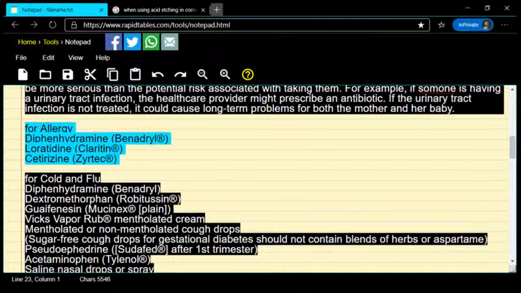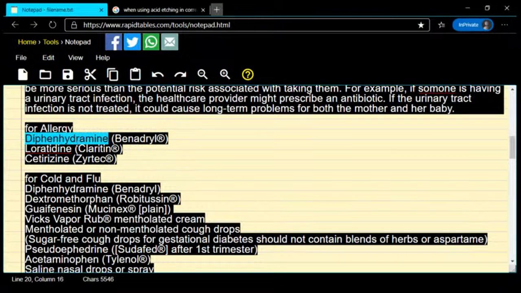Yeah, for the allergy, this is number 1. We have these medications: diphenhydramine, Benadryl, loratadine, Claritin, cetirizine, all of which are used to treat allergy.